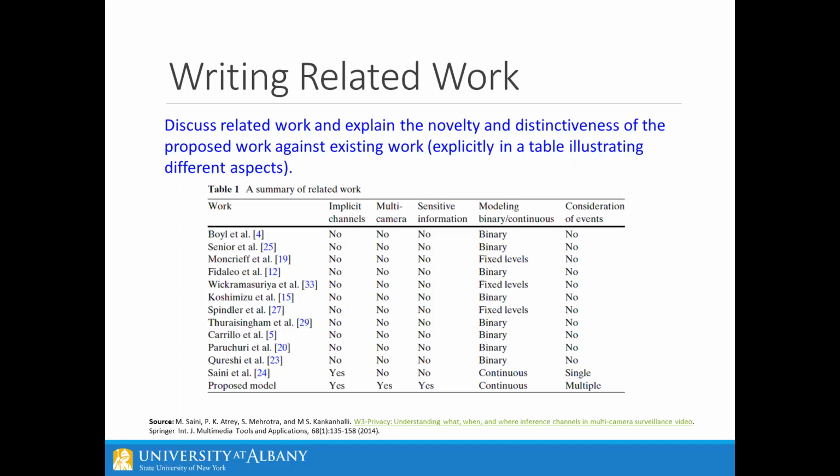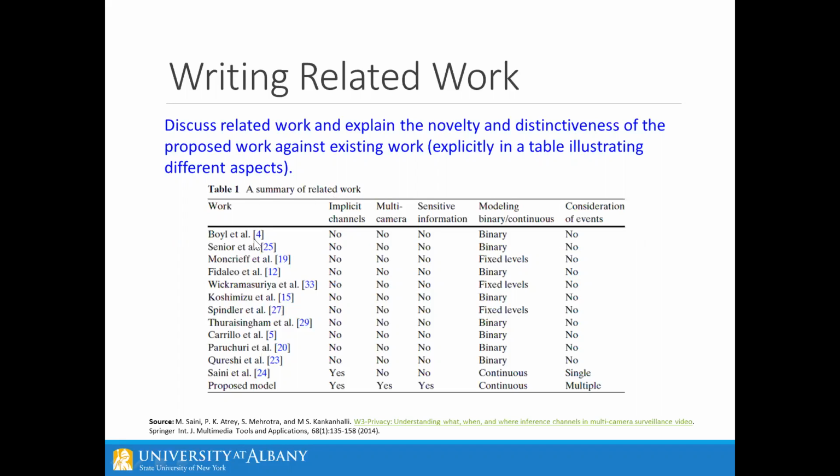We need to explain the novelty and distinctiveness of the proposed work against existing work, and if we can provide a tabular comparison like this, that would be great. Tabular comparison means you can summarize all the related work in a table.